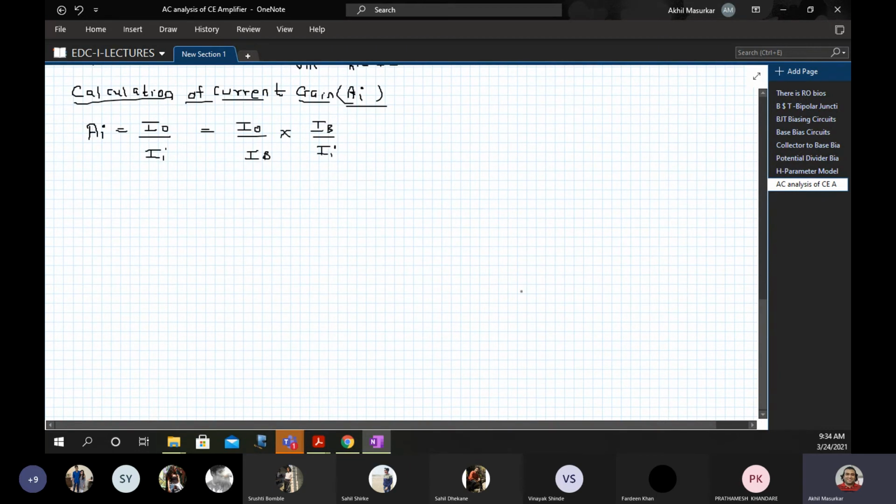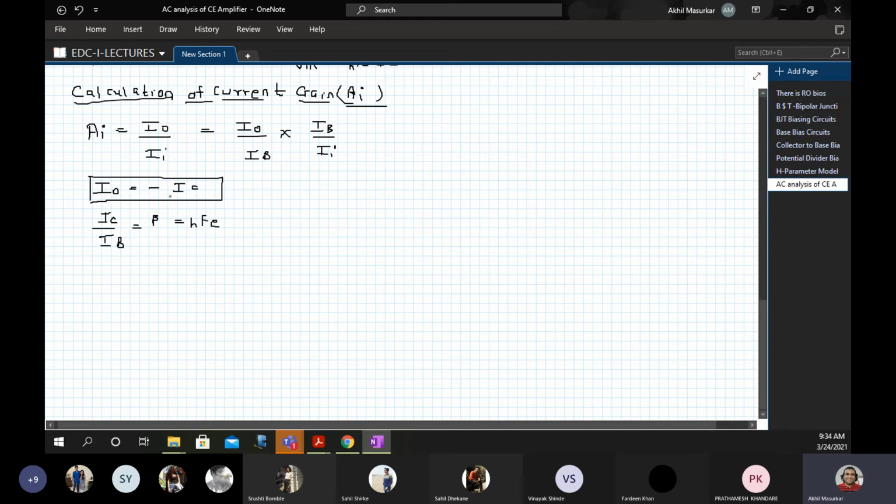Now we can see I naught is simply minus of IC, that is the collector current, and IC upon IB is beta, which is basically HFE.